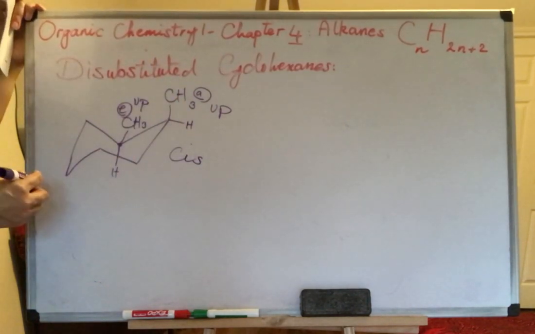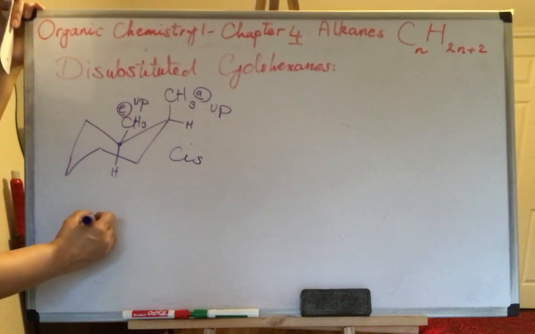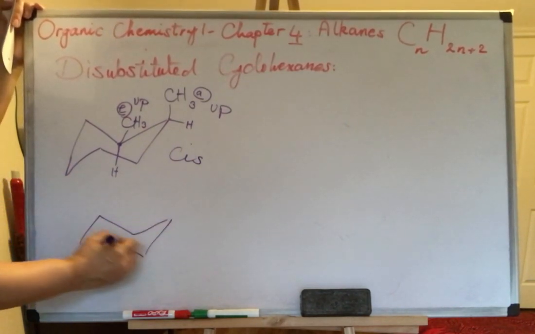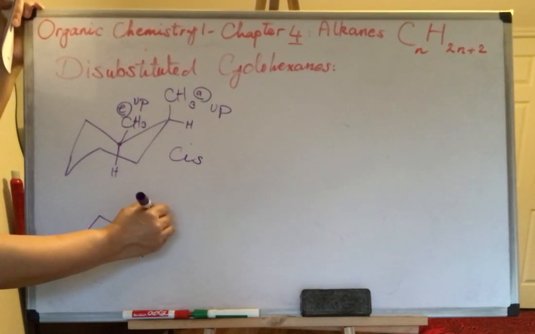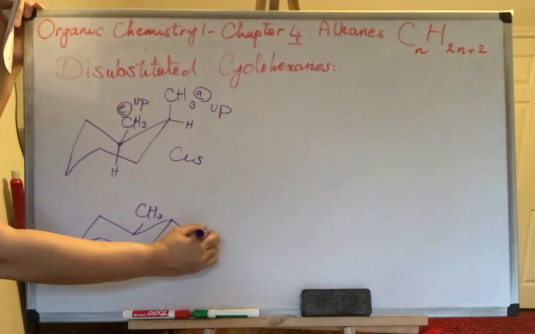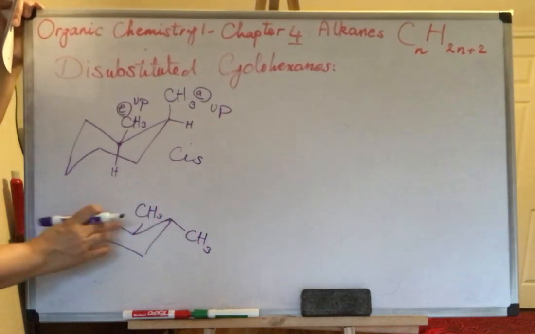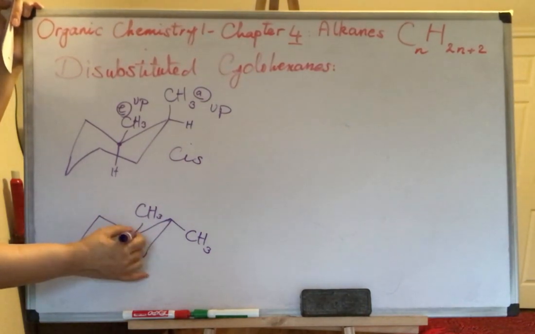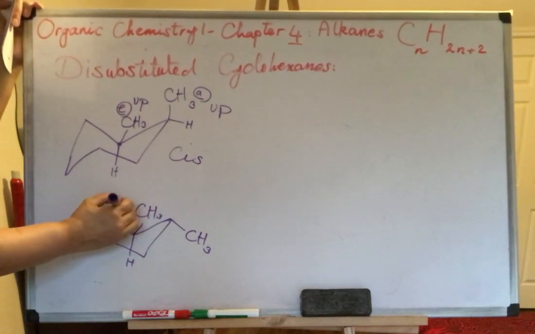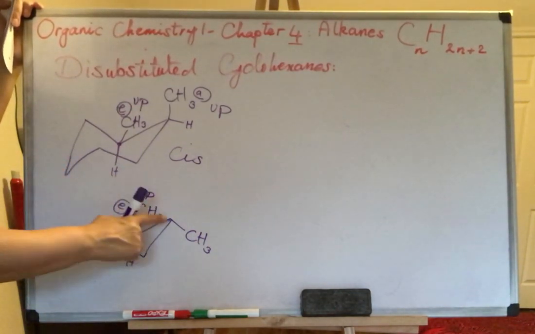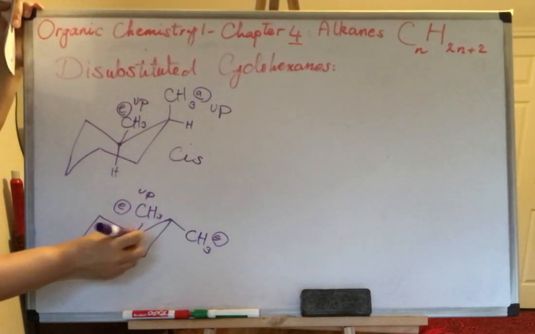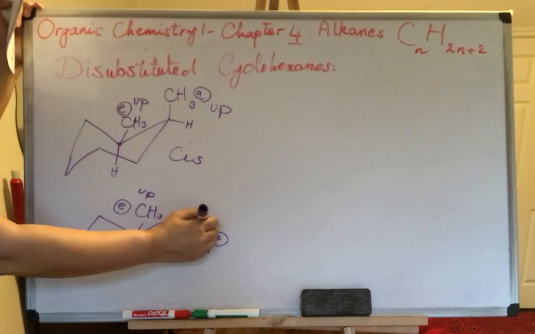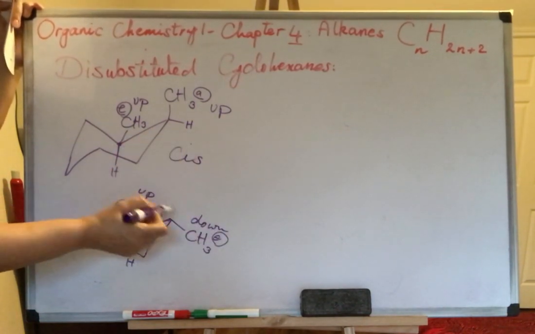Or if you have this. So let's see. This is a down carbon. Its hydrogen is down and its equatorial is up, right? This is equatorial and down, up, down.